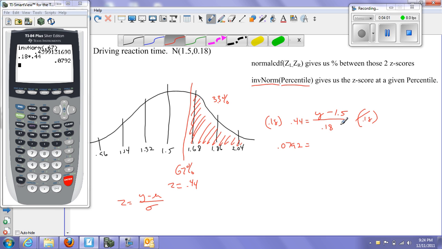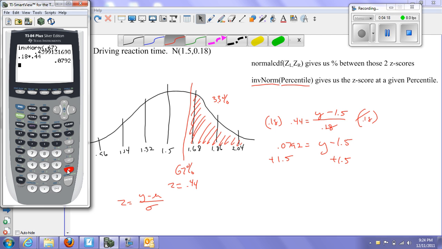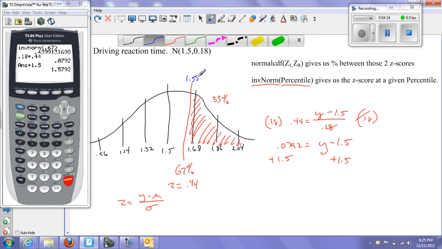I'm going to cancel out my denominator here. Y minus 1.5. So let's add 1.5 to both sides. So it looks about 1.58. So our cutoff point for the slowest one-third is 1.58.